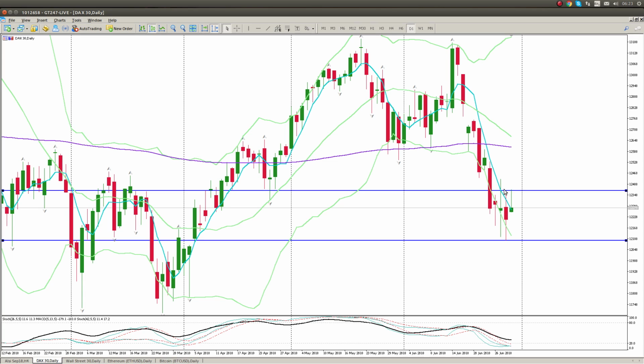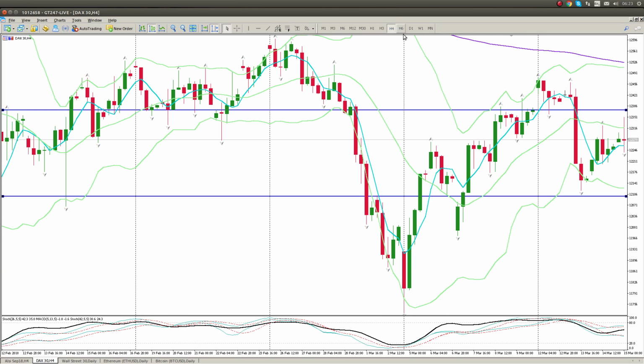Any form of break above here and decent price action pointing to an upside move could indicate a longer upside move, and the converse is true if we start moving to the downside. It could be a strong move down, consolidate like this in this range, and then come down to the bottom.